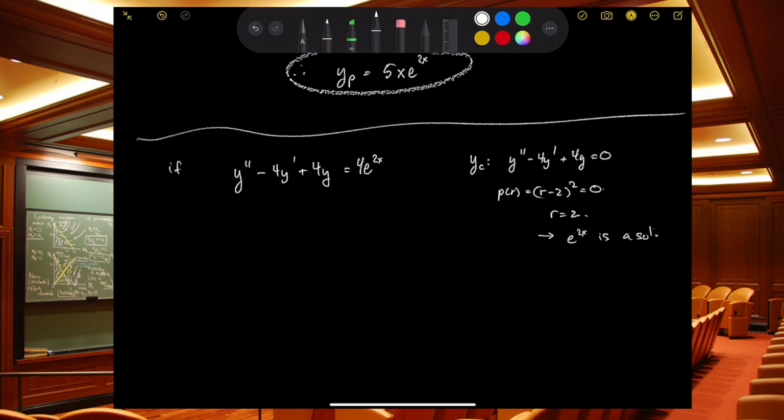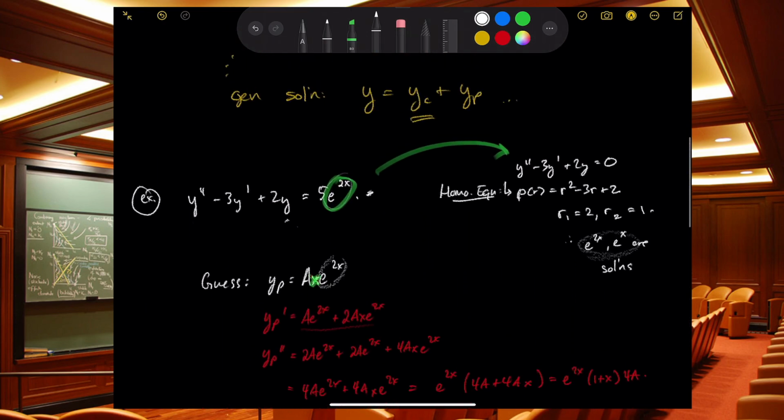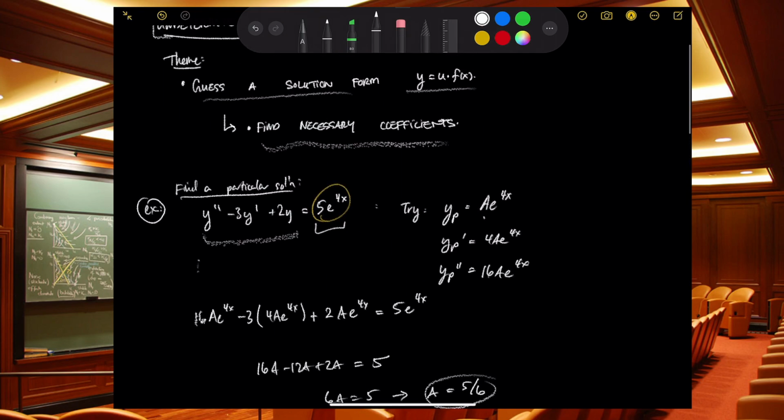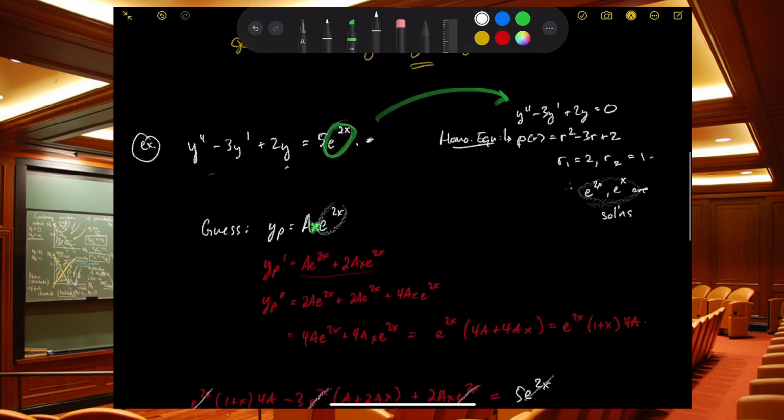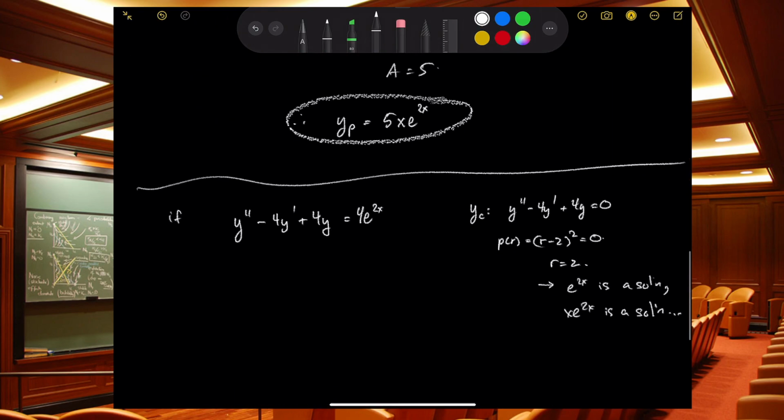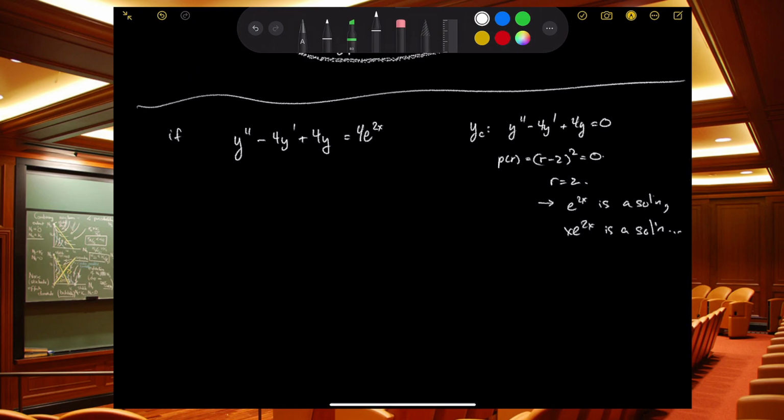So e to the 2x is a solution, and x e to the 2x is a solution. So again, it means that if we use this in our equation on the left-hand side, like we did here, it's going to drop out terms because it's equal to 0 when we plug it in for y.